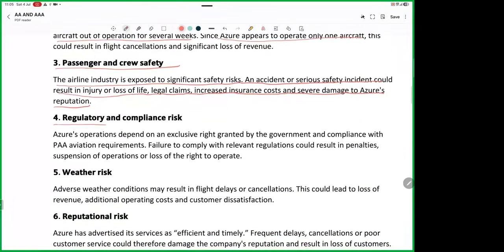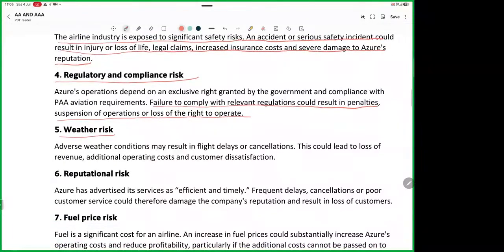Regulatory and compliance risk. Azure's operations depend on an exclusive right granted by the government and compliance with the PAA aviation requirements. Failure to comply with relevant regulations could result in penalties, suspension of operations, or loss of right to operate. Weather risk. Adverse weather conditions may result in flight delays or cancellations.